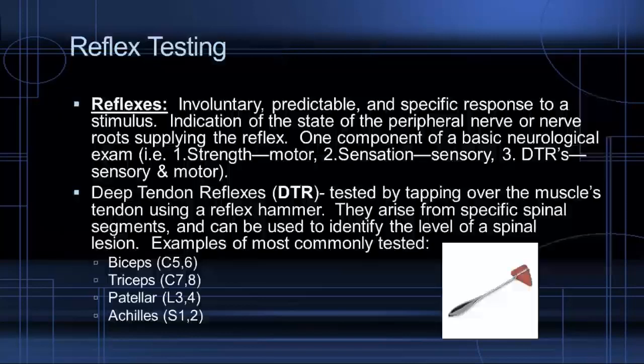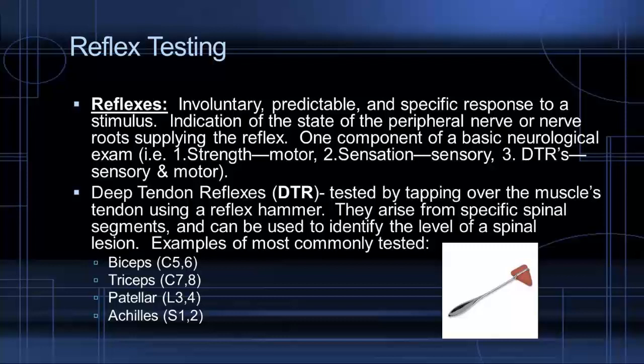On to reflex testing. Reflexes are involuntary, they're predictable, and they're a specific response to a stimulus. We are specifically going to be testing only four deep tendon reflexes. They indicate the state of the peripheral nerve or the nerve root supplying that reflex.